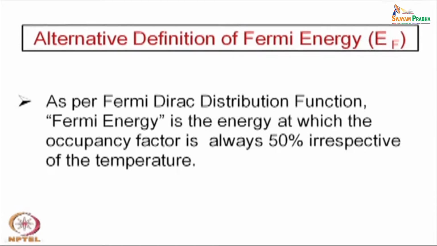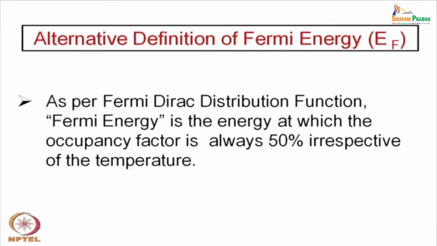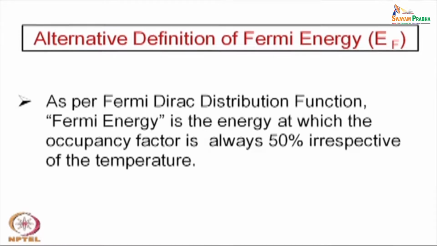This I have mentioned earlier as per the Fermi-Dirac distribution function. Fermi energy is the energy at which the occupancy factor is always 0.5 irrespective of the temperature. So, this is a definition which is useful for higher temperatures.